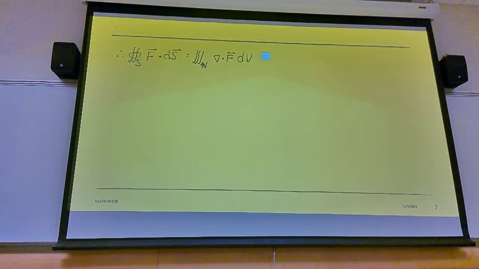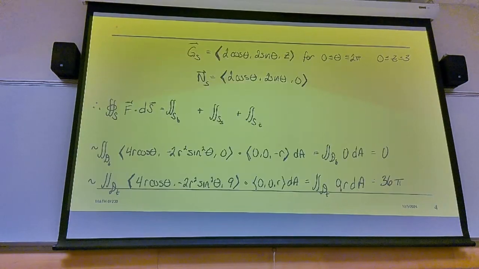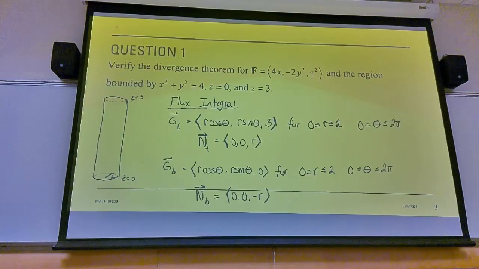Now here it's really obvious. Triple integral is always the best route. Look at the difference in work. That was all just to do the flux integral, and that was a simple surface too, just a cylinder.